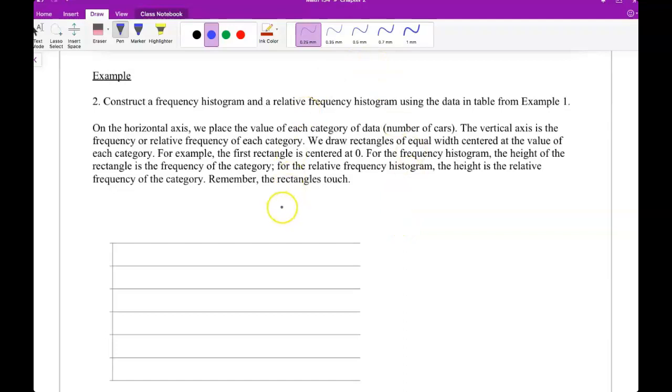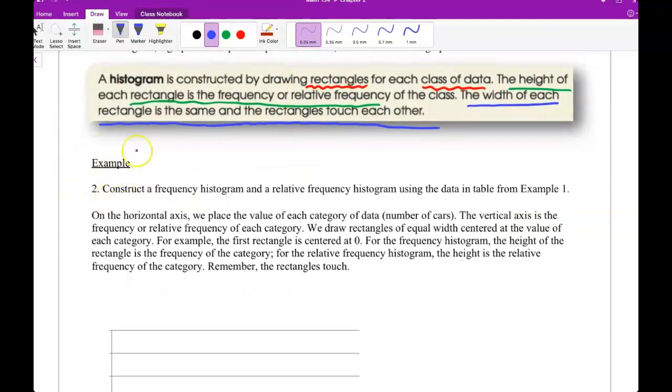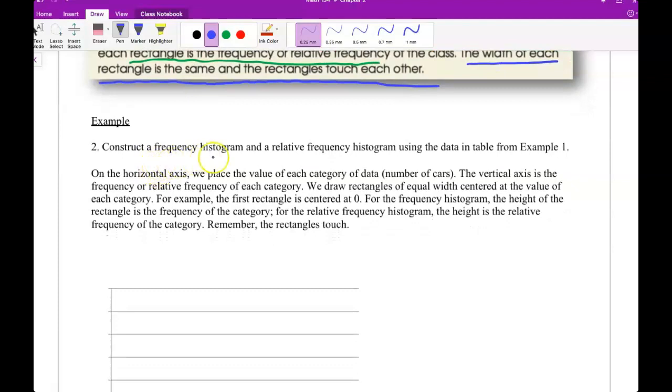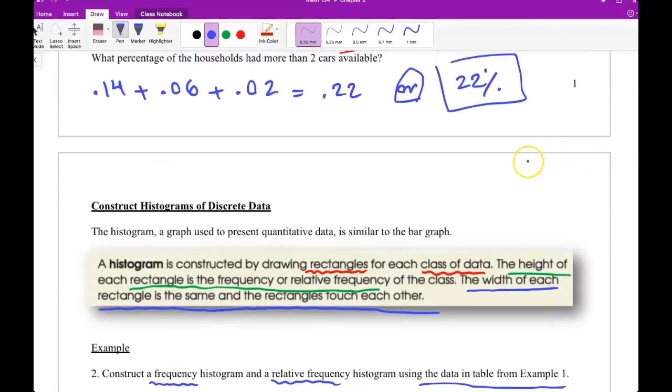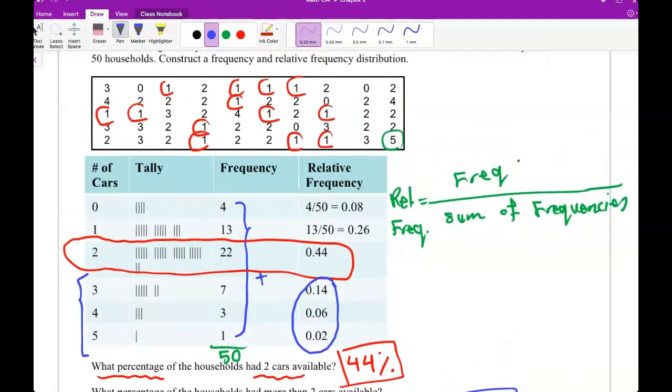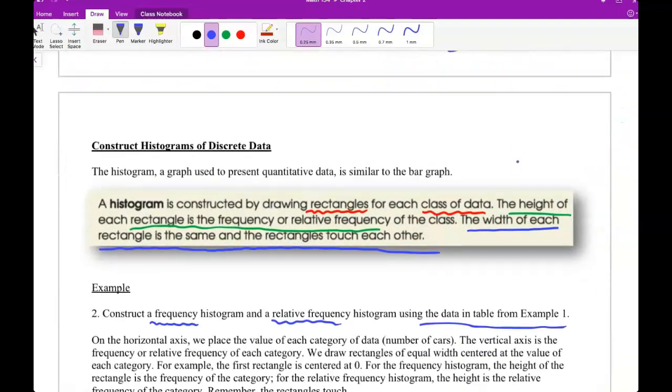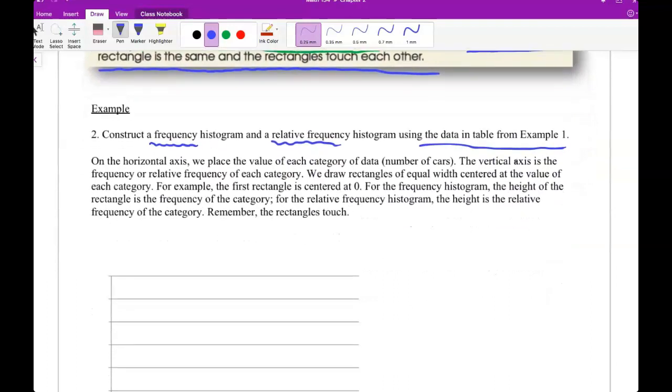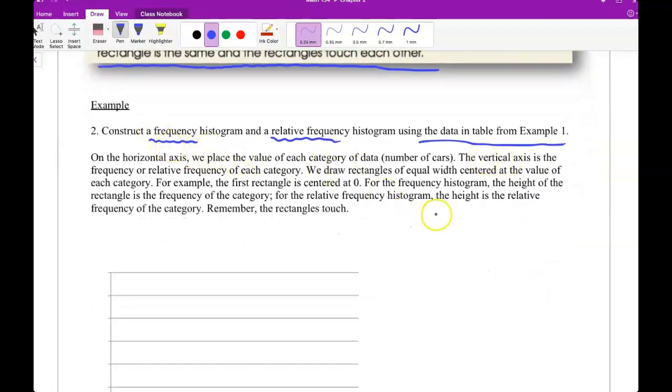So based on what we have on top, let's work on this part. Example number 2: construct the frequency histogram and the relative frequency histogram. We have these two: first frequency, and the other one based on relative frequency. That is based on the data in the table from example number 1. Based on these data, we're going to construct a histogram for frequency and relative frequency.